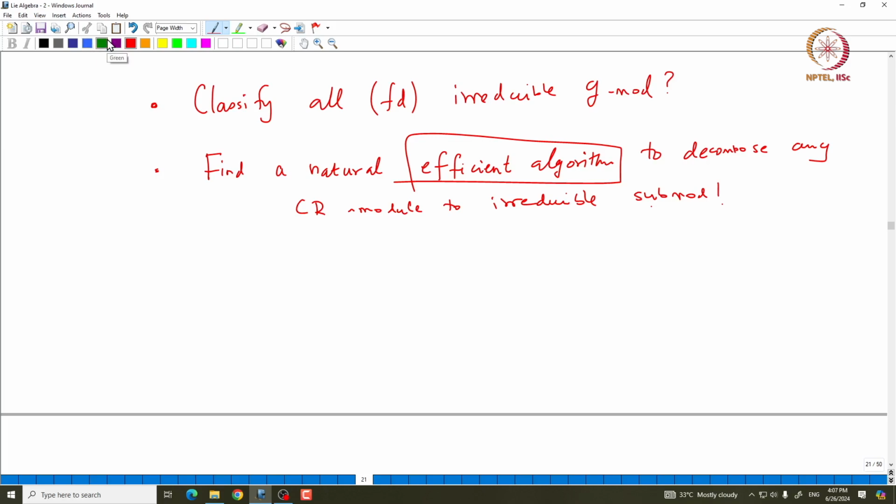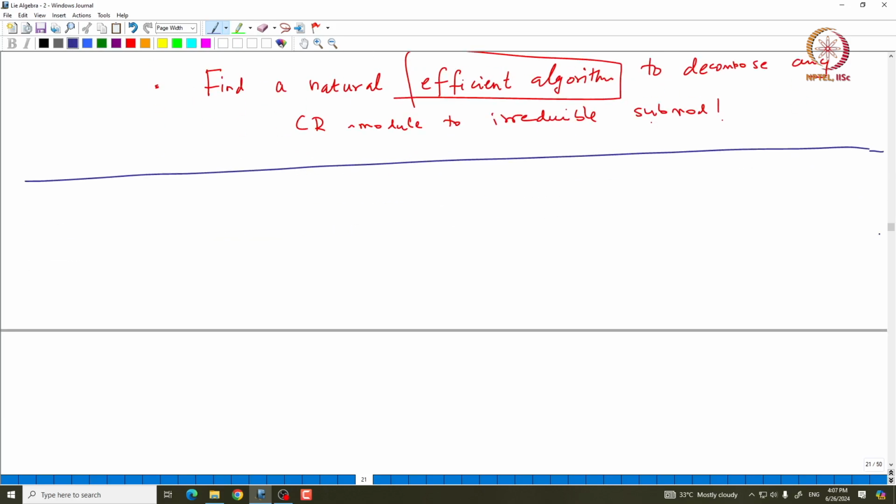Let me recall the definition of SL2 again, and then I will give examples of SL2 representations. Later we will move to the general theory of representations of SL2.